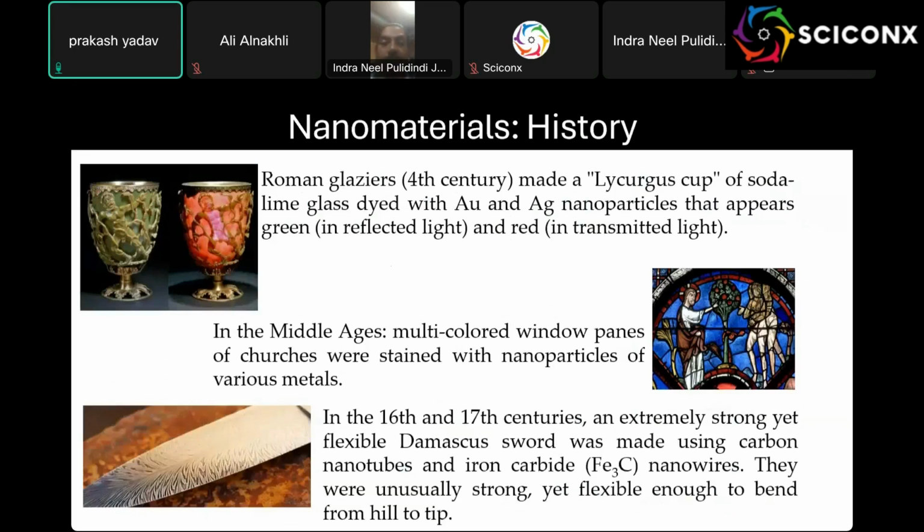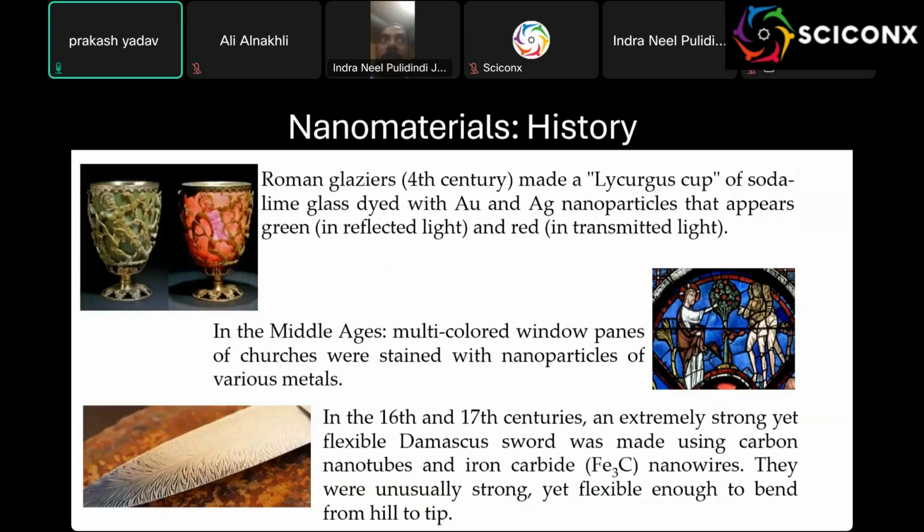Let me discuss history. We know that nanomaterials are not new. Ancient people were using them in ancient times. We have the Lycurgus cup, which is made with gold and silver nanoparticles.